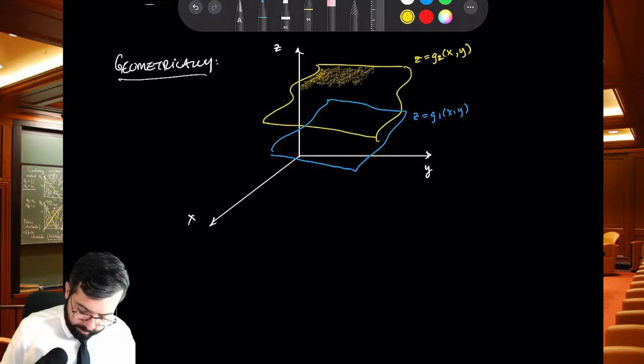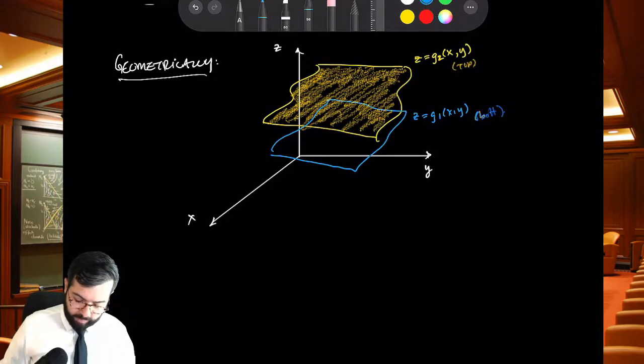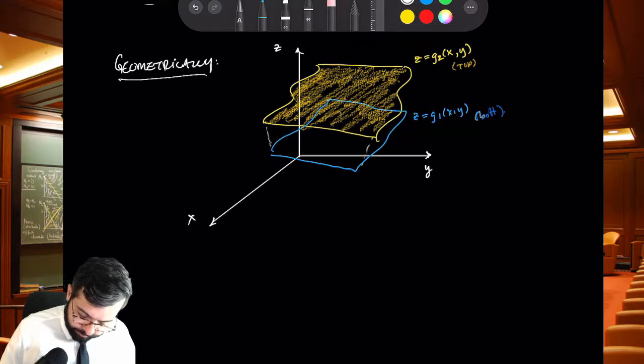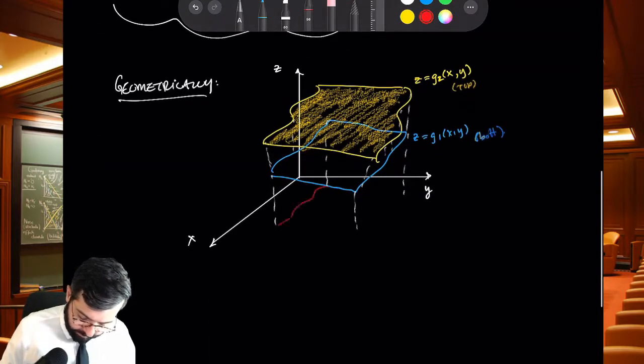So this guy's on top here. And so you can kind of imagine this blob floating in space above some region in the xy plane, like its shadow, right?